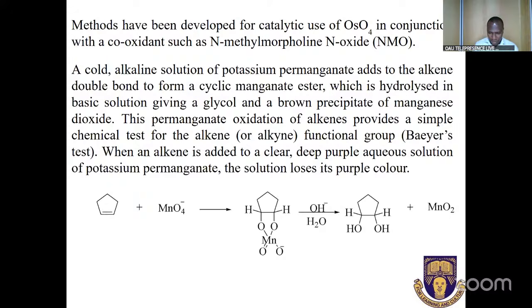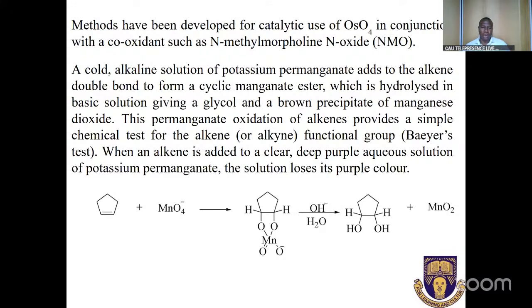Now this simple test is actually used to test for a multiple bond, alkene or alkyne functional group. It's called the Baeyer test, and we use it in the lab. Those of you doing that experiment now will be testing for alkene or alkyne functionality in your CHM 108 lab work.